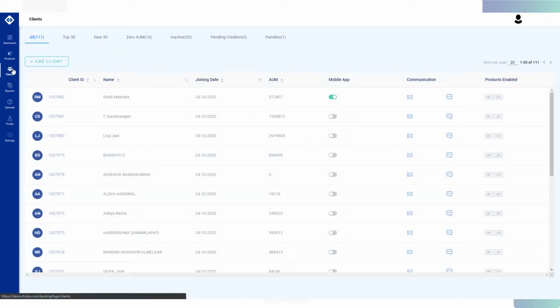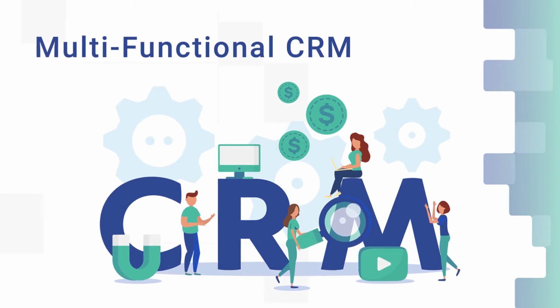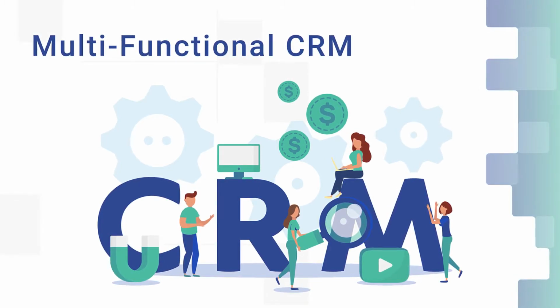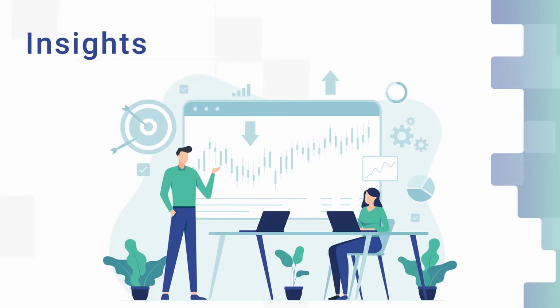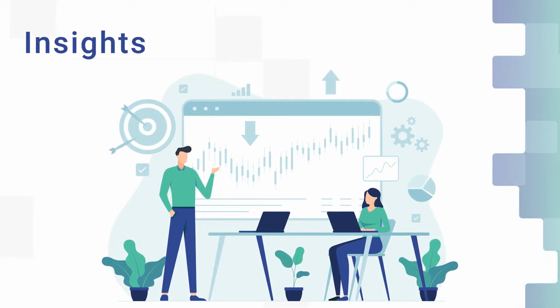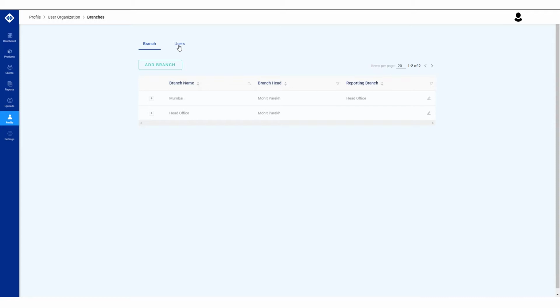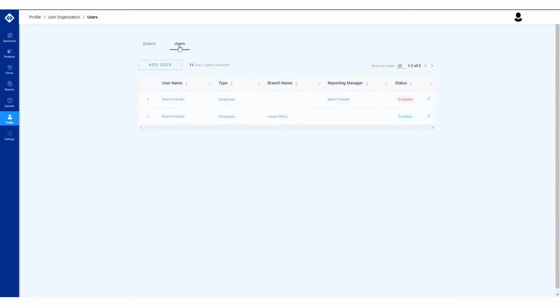Post-uploads, you now would have a functional client CRM geared with comprehensive client information computed, assimilated, and represented on your dashboard with in-depth insights. Here, an admin will have access to complete organizational data, while an employee or associate will have access to data corresponding to his or her level of hierarchy and clients.